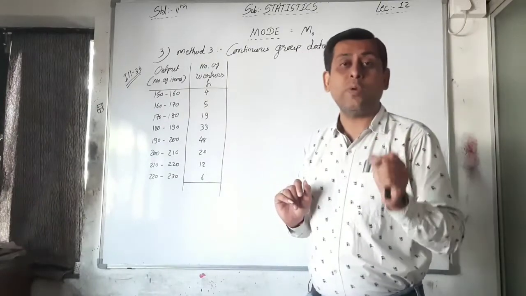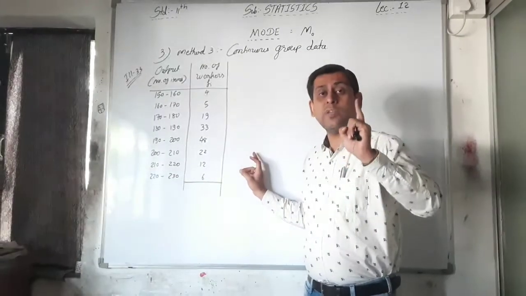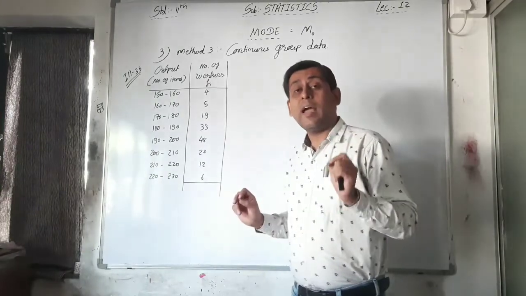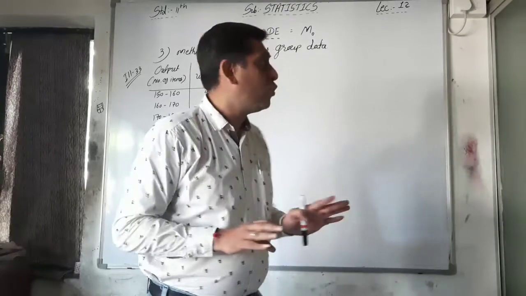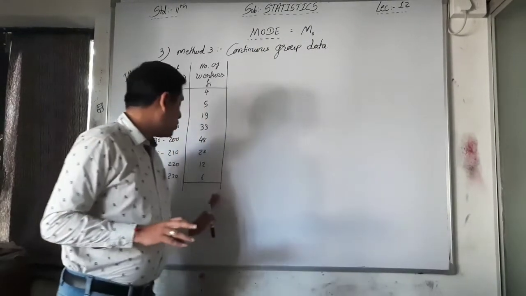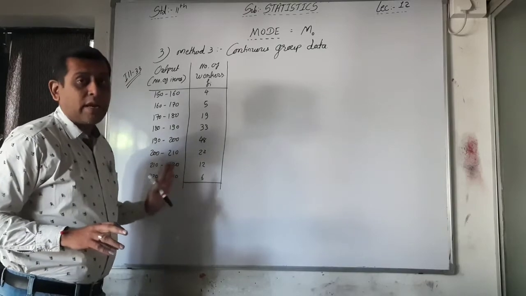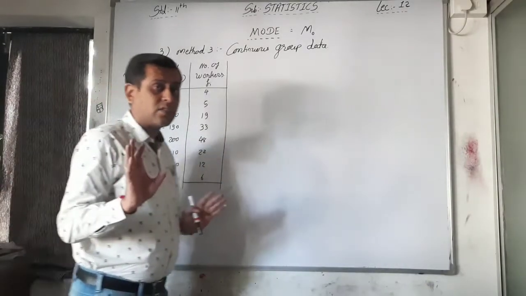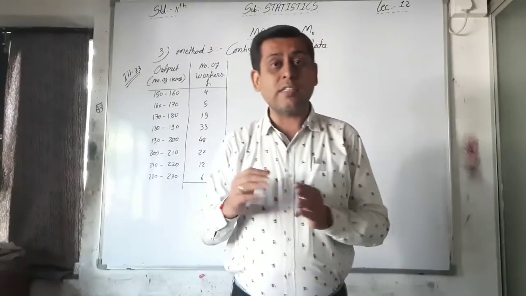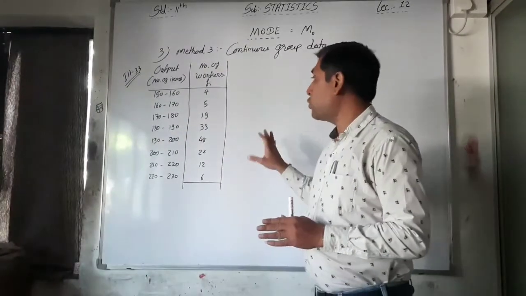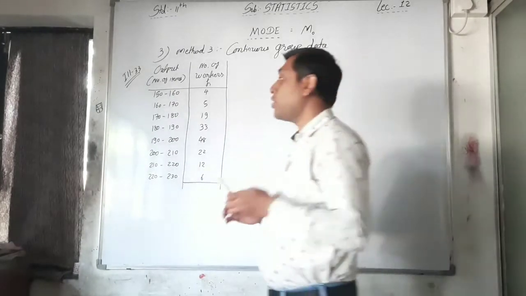Whenever you find median, quartile, decile, percentile, you make one extra column, cumulative frequency. But at the time of finding mode, you don't have to make any column in the question. You just write the answer, calculating with formulas, nothing else.